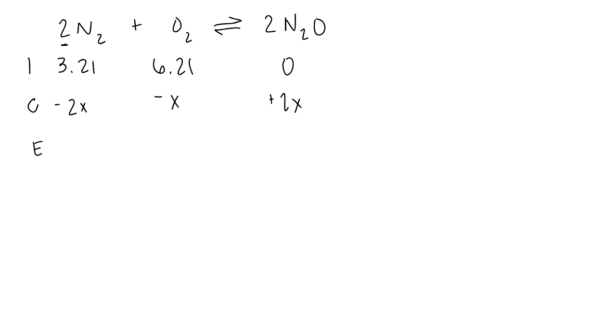But we are told that K equals 3.21 times 10 to the negative 28. And we know that that is equal to N2O squared over N2 squared times O2.